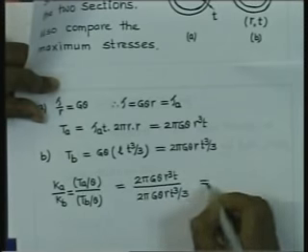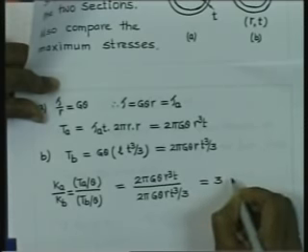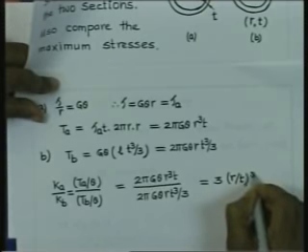This gives us, on simplification, 3 times r by t square.